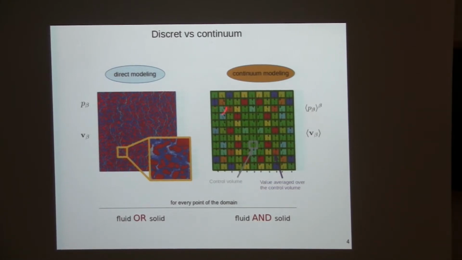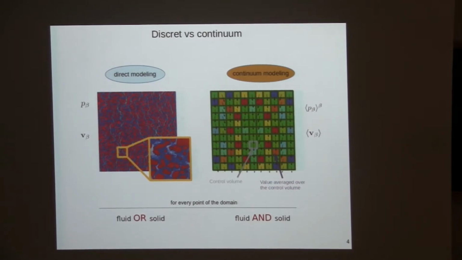All the physics is volume averaged based on a control volume. In a control volume, you have an aggregate of fluid and solid. We don't know the exact structure of the solid, but instead we have effective properties such as porosity, permeability, effective surface area. In this representation, the flow is governed by Darcy's law.